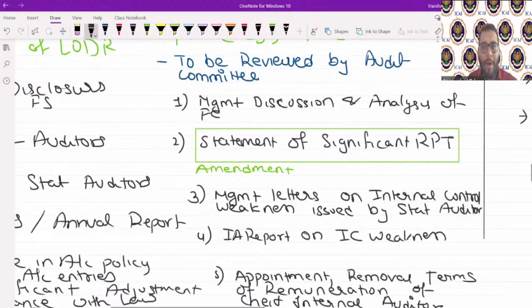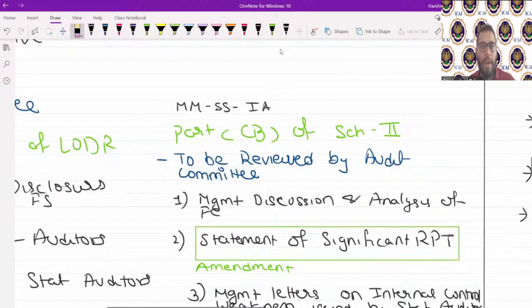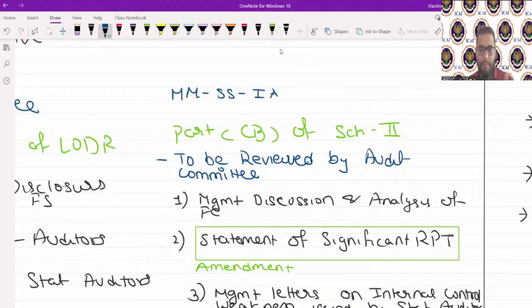Okay, I'll provide a quick short form over here which will help you to understand or remember this particular part, which is MMSSIA.